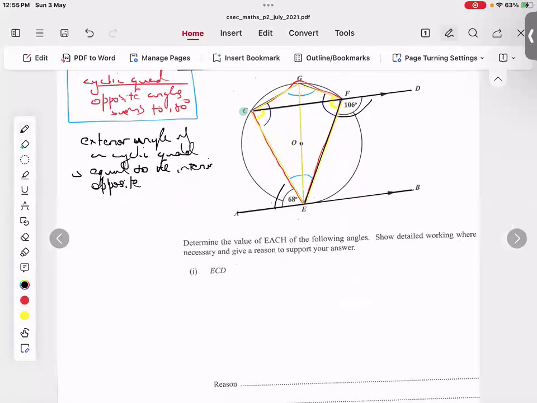Now that we do a little analysis, let's see what they're asking us to find. It says, determine the value of each of the following angles. And you're to show detailed working where necessary, but you're also supposed to support your working out with reason, geometric reason that is. And so you're asked to find the angle ECD.